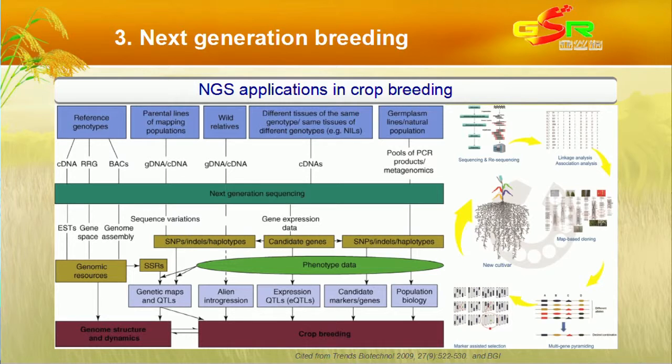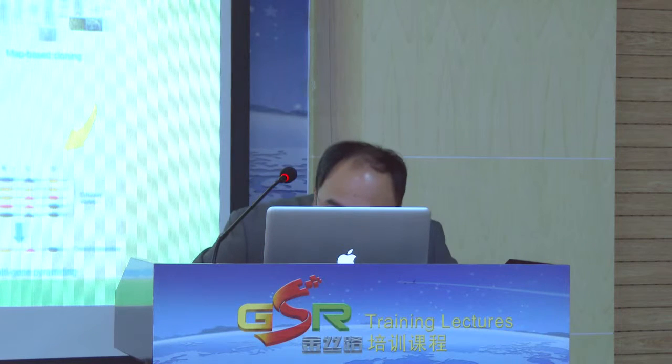Here, we outline some important applications of next generation sequencing in crop genetics and breeding: sequencing and resequencing, linkage analysis and association analysis, map-based cloning, and marker-assisted selection. Importantly, we can develop a large scale of molecular markers for linkage analysis and association mapping, and these techniques will greatly accelerate the development of crop genetics and breeding.